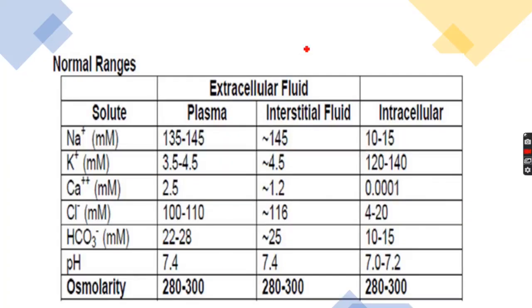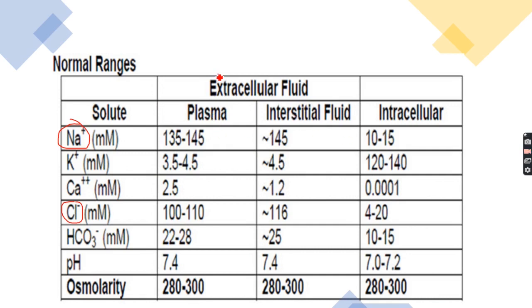Our body is filled with many electrolytes, and electrolytes are substances which split into cations, such as sodium ions, for example, and anions, such as chloride ions, when dissolved in water. This table shows the normal electrolyte composition in our different body compartments.